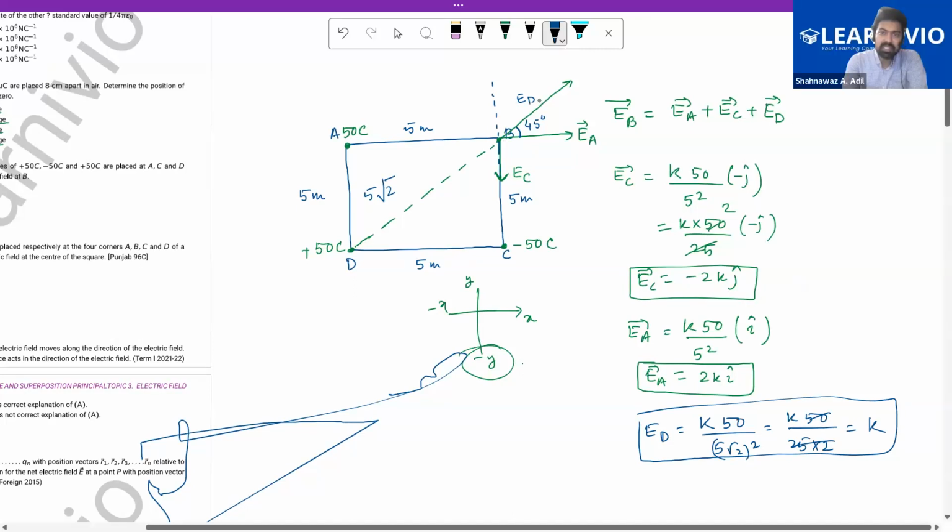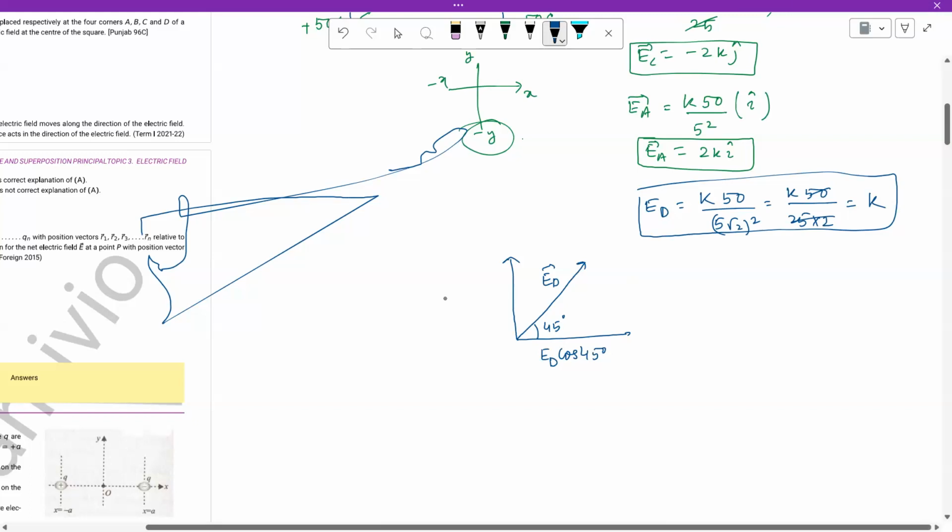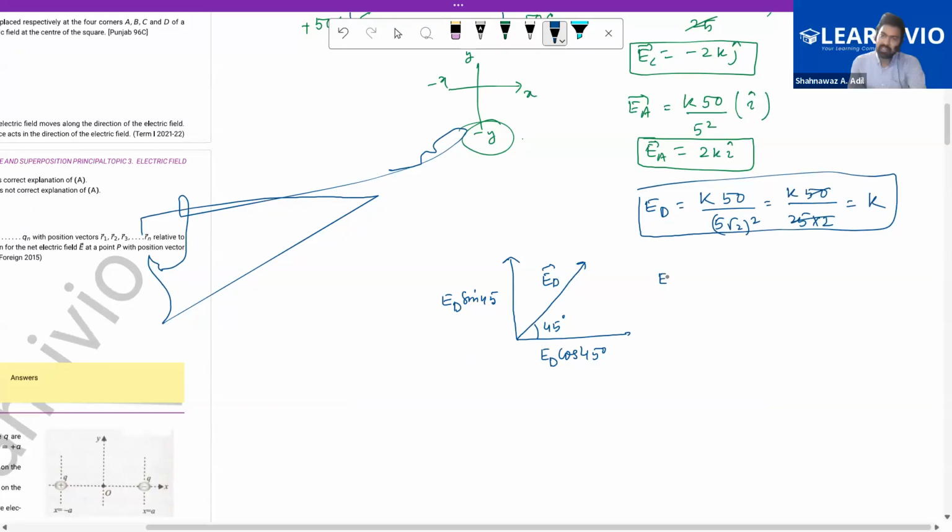Now, if we write this in ijk form, we have to remember the resolution of vector. We have ED, this is 45 degree, so this would be ED cos 45 and this is ED sine 45. ED is K, so ED vector would be K cos 45 i hat plus K sine 45 j hat.